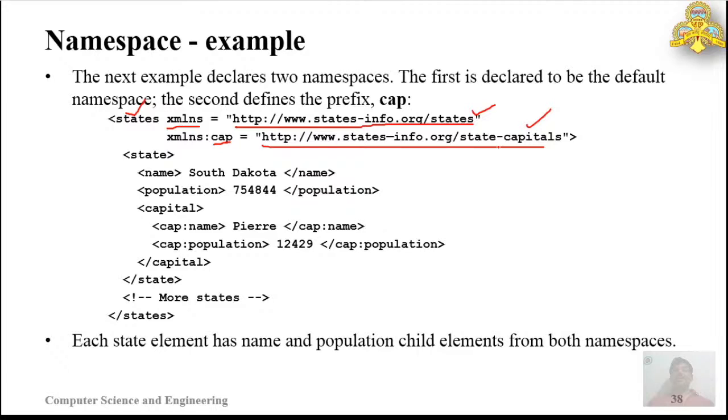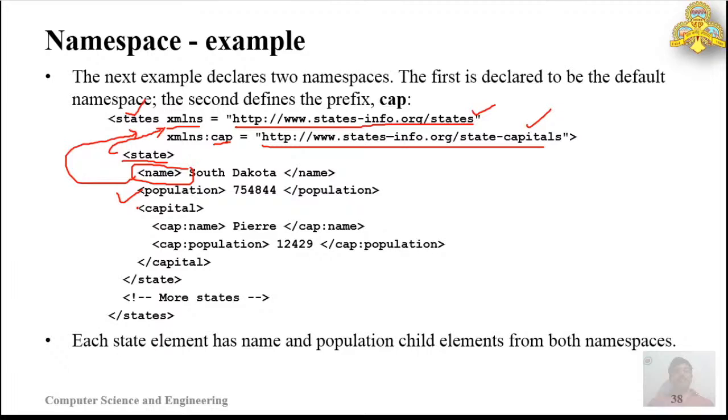There is a child element state. Observe here, state does not have any prefix, so the definition of state is coming from the default namespace, that is stateinfo.org states. And there is a name tag, again coming from the default namespace. Likewise population and capital. But there is one more name.